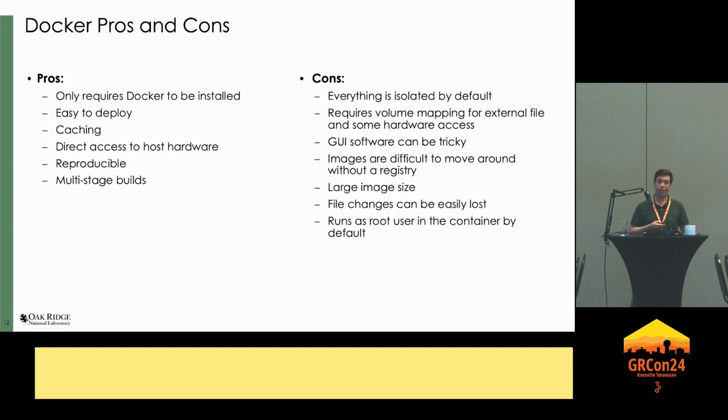I also mentioned the caching earlier: so long as you don't change the base image, it will be cached. And as I mentioned, Docker also has direct access to host hardware, which is great for USB or PCIe SDRs. Because of the recipe-based build system, it's very reproducible.